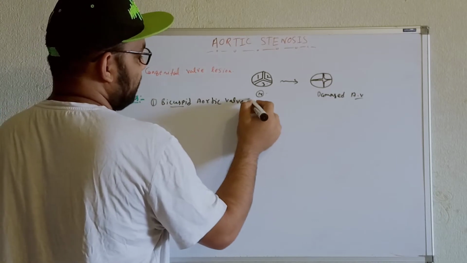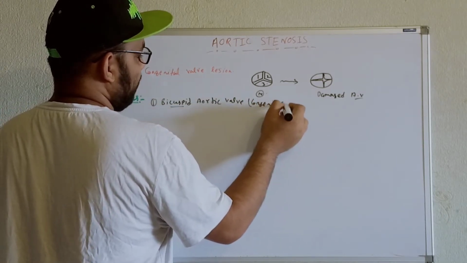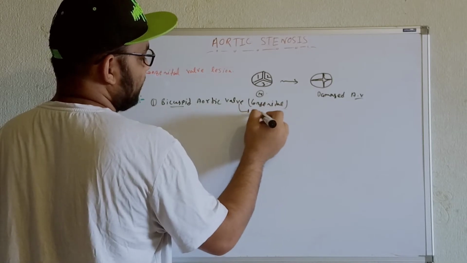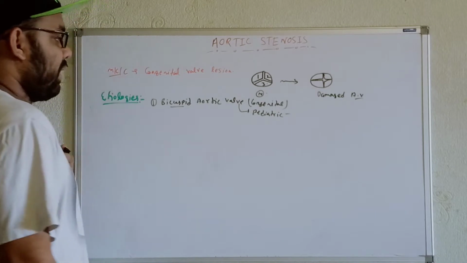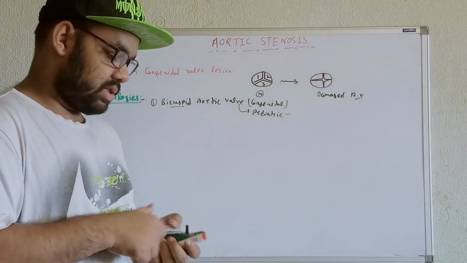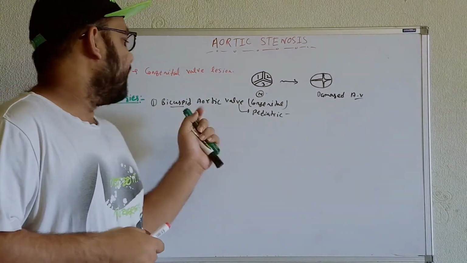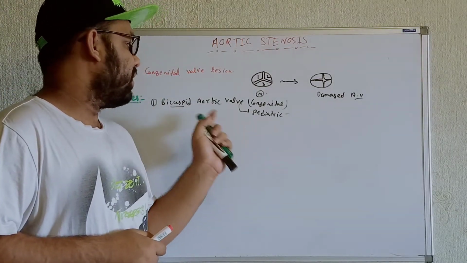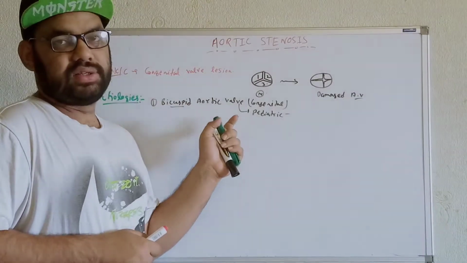This is congenital, and we will see this in the pediatric age group. In adults you can also see it, but there we will see degenerative calcification. Let me tell once more: in children, in the pediatric age group, we will see the bicuspid aortic valve. This is congenital.